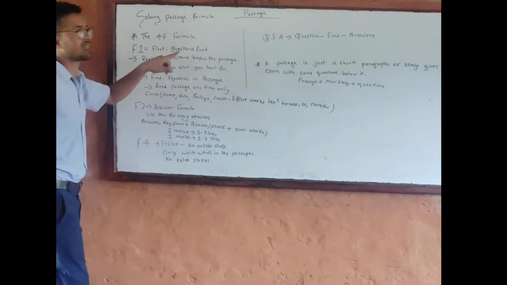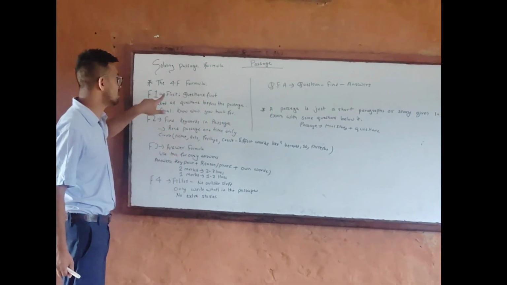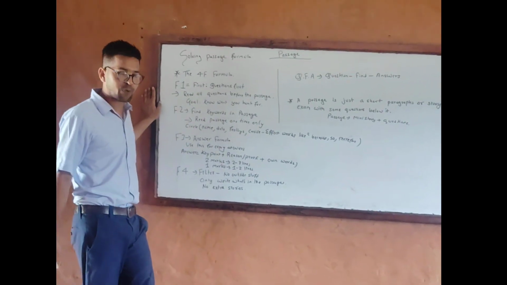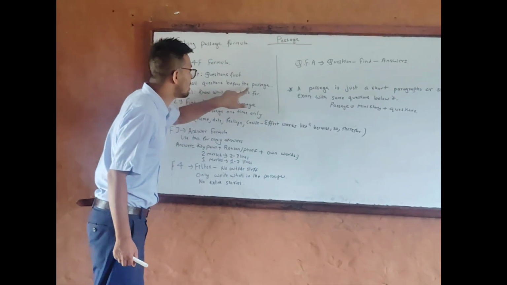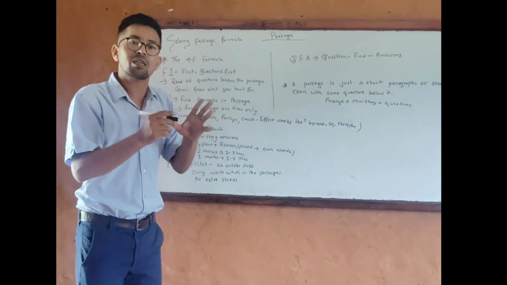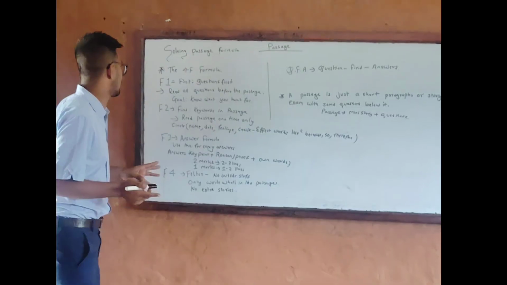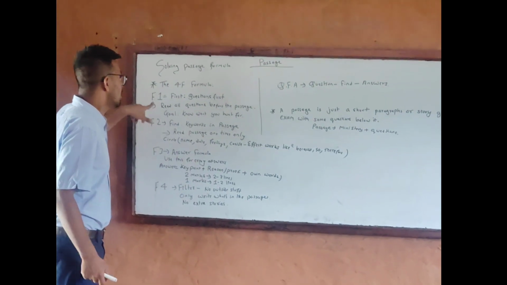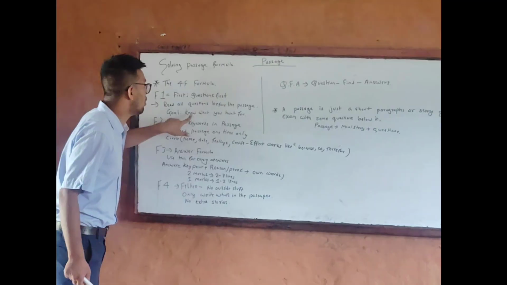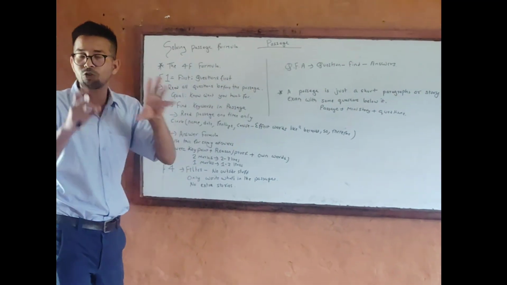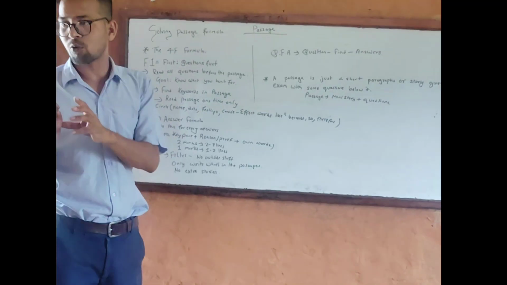Look here, everyone. F1 means the first formula. In the first formula, what you have to do is read all the questions below the passage. So first you have to read the questions, and then the passage. Your goal is to know what you are hunting for. You first directly read the question.